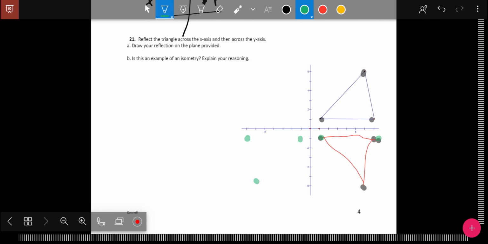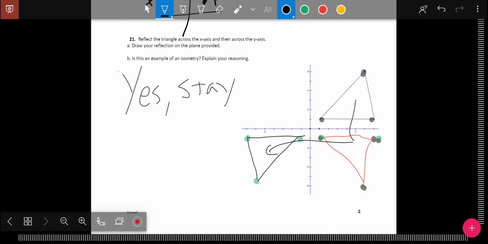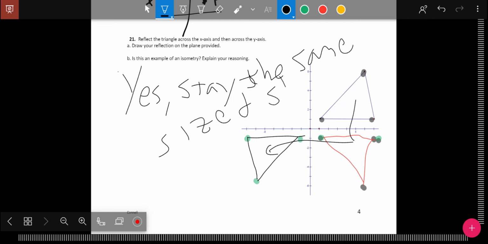And so this is my new true image after 2 flips. Flips there and then flips there. Right? Is this an example of isometry? Yes. Why? It stays the same size and shape.